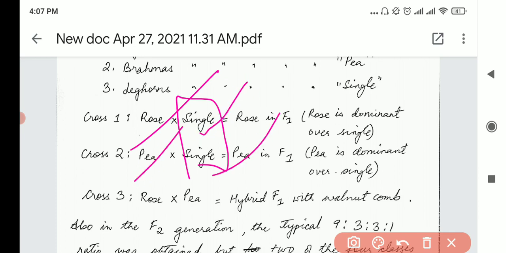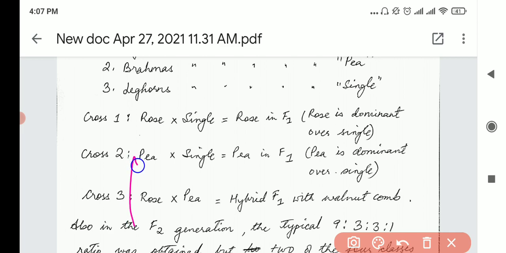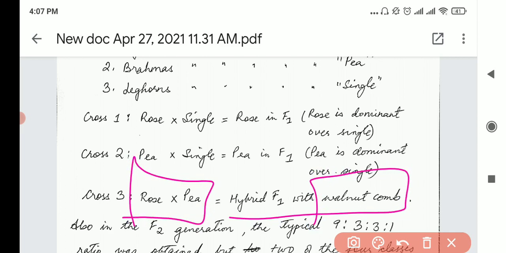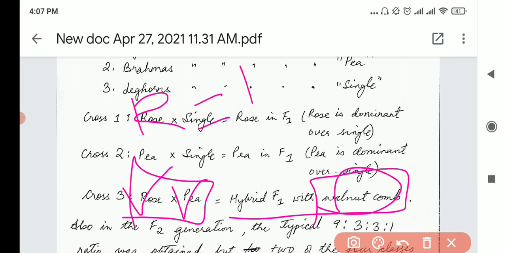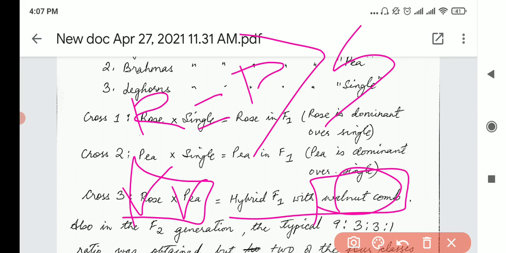But when we cross a rose and a pea, we get a hybrid with a brand new sort of walnut comb. So what can you assume? Let's assume that rose and pea are equally dominant, but rose and pea are dominant to single. Is this much clear?